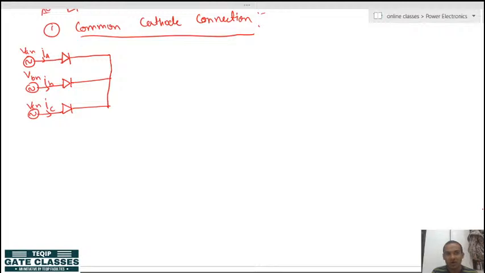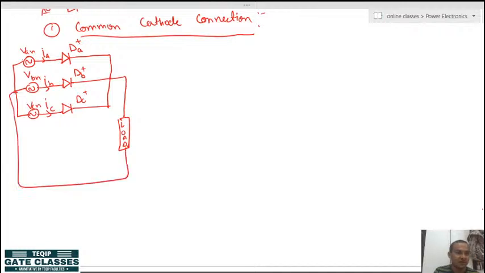You see here, all the cathodes are at the same potential. Let me mark it as DA positive, DB positive and DC positive. The purpose of marking like this is for our clear understanding. So here it is the load, any type of load we may have, and here it is the neutral point.